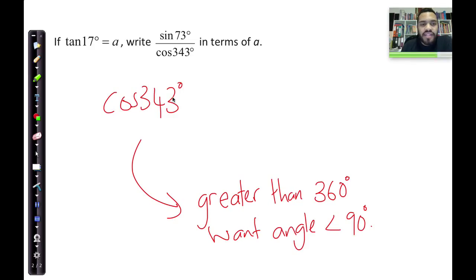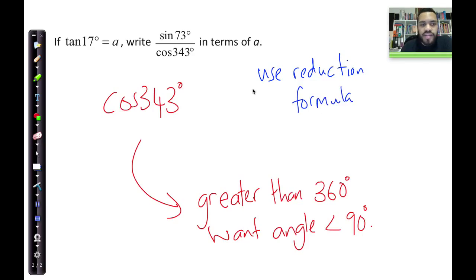The way to do that is to use the reduction formula. So that's our plan. We're going to use the reduction formula.